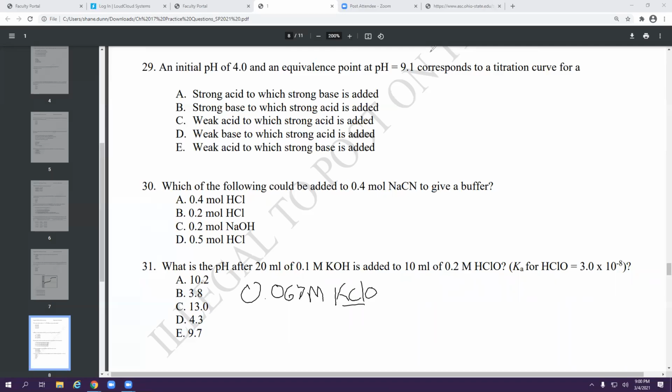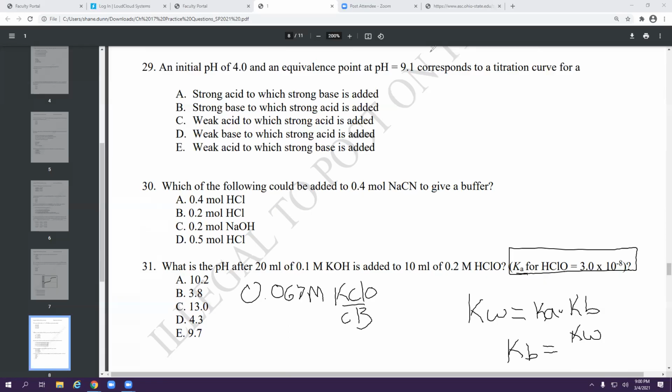So I deleted everything because all I needed now was that I got 0.067 concentration for my KClO. Now, is that the acid or the base? Which is the base? Oh no. Does Ka work for this base? Darn. So now you have to use Kw equals Ka times Kb. There is no other way around this one. So Kb is equal to Kw over Ka.